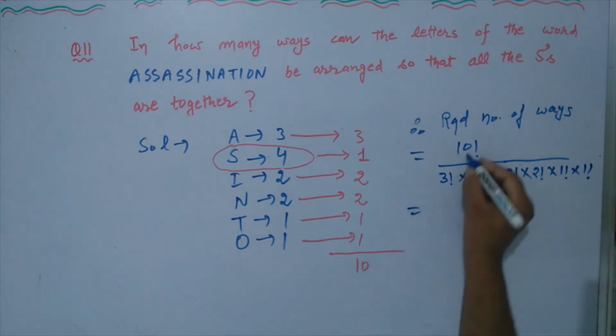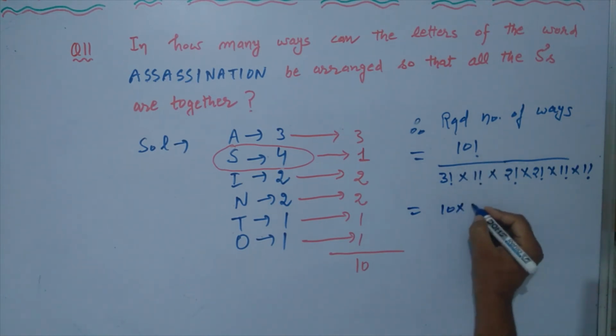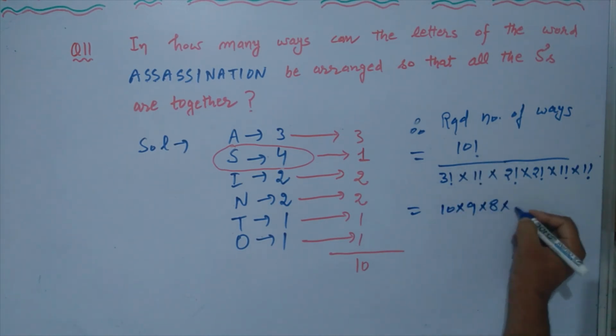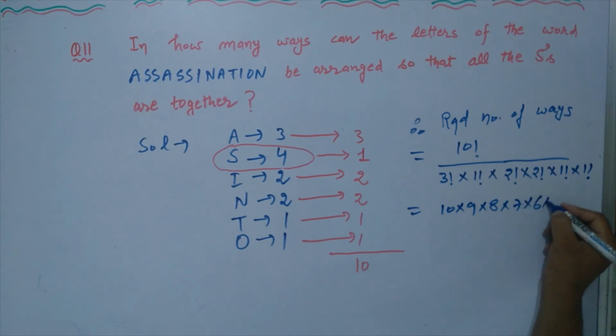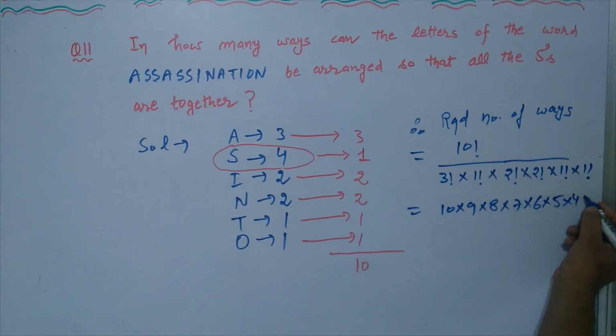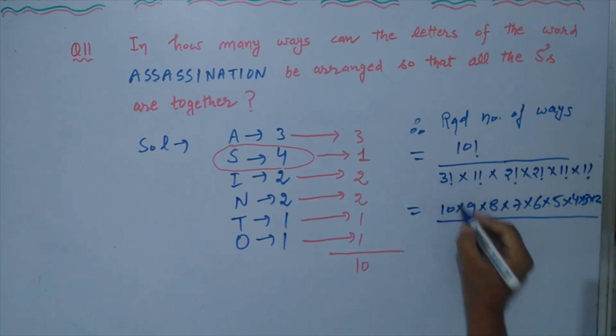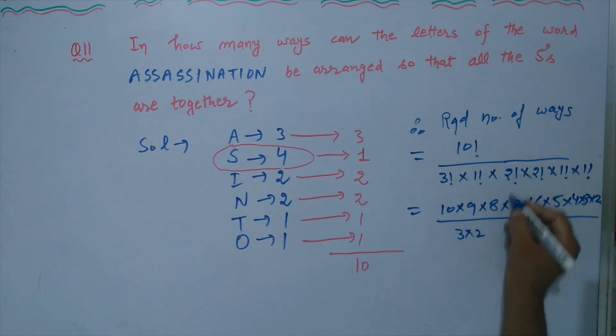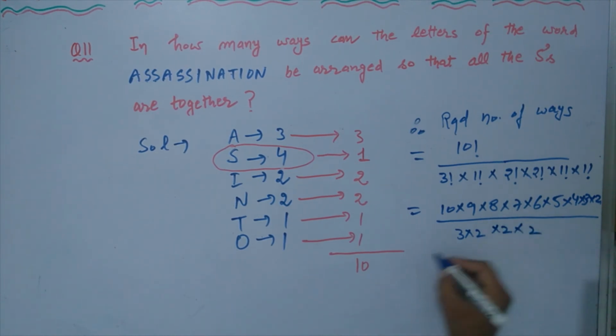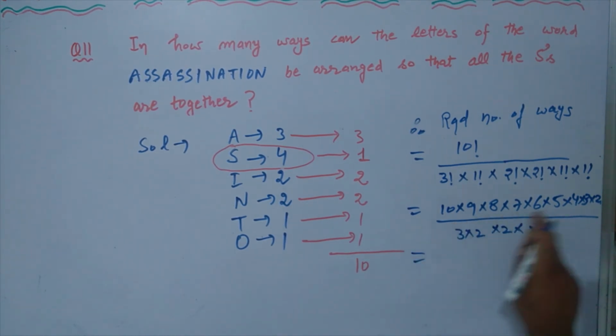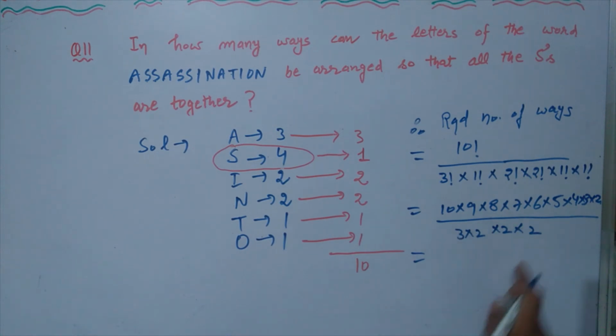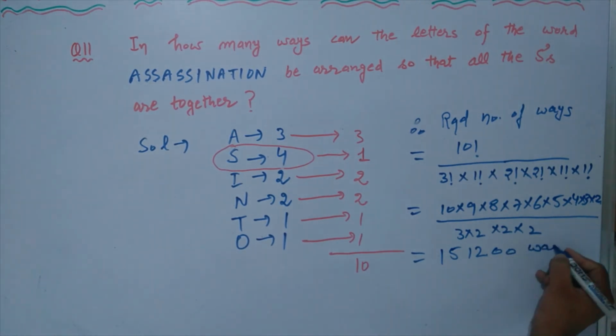So this becomes 10 into 9 into 8 into 7 into 6 into 5 into 4 into 3 into 2, divided by 3 into 2 into 2 into 2. So finally, after calculating, the final answer is ways. That's all. Thank you very much.